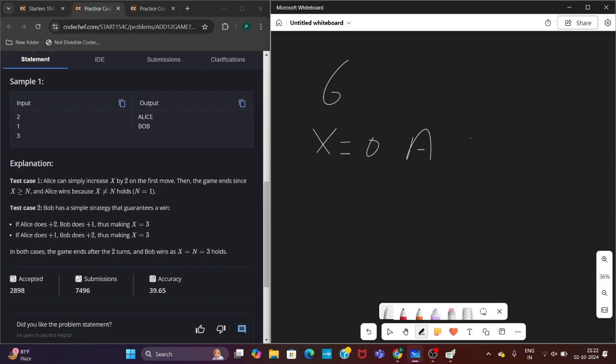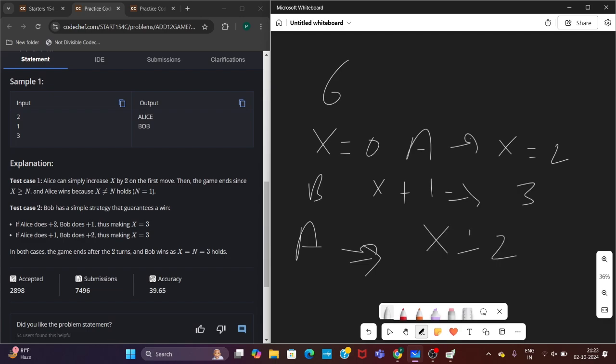Alice's turn comes, x becomes 2, incremented by 2. Then Bob's turn comes, x is incremented by 1, making it 3. Again Alice's turn, she increments x by 2, so 3 plus 2 is 5.